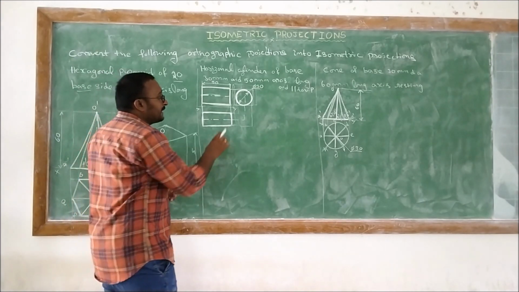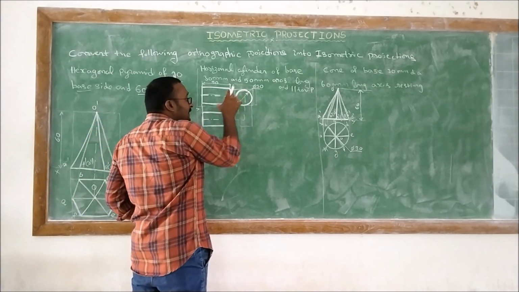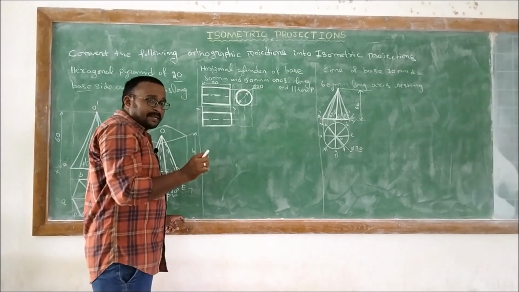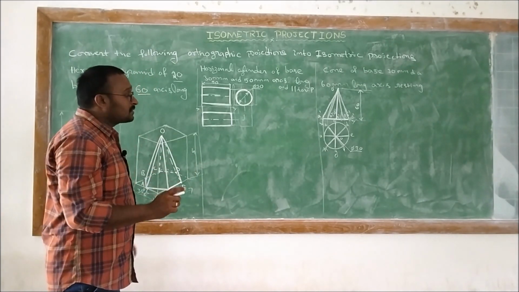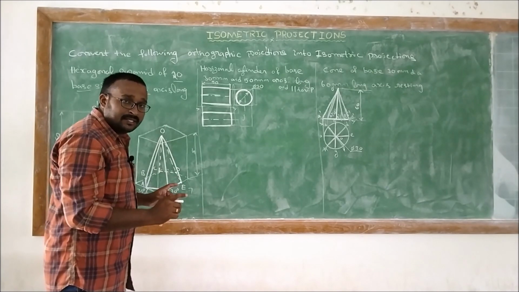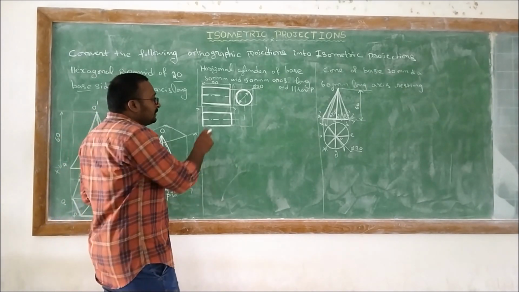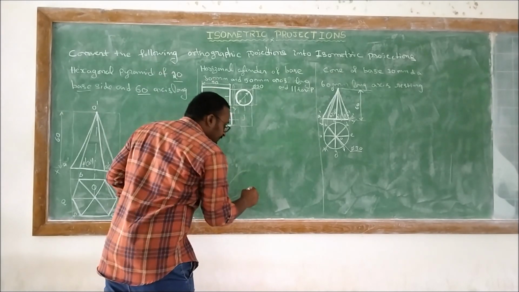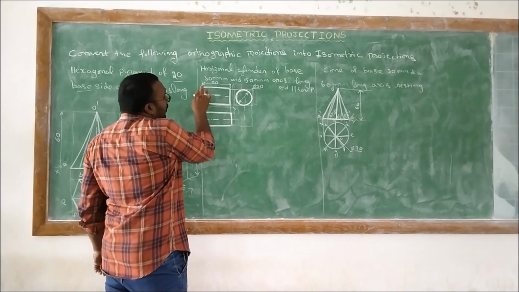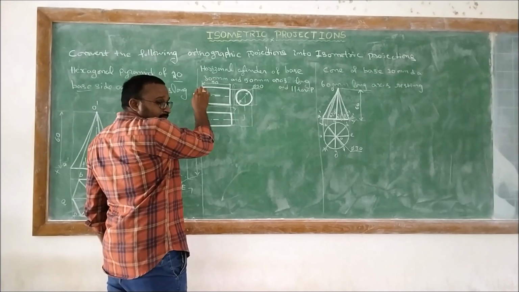Then you need to take the dimensions of the height and width. Based upon that height and width, you must draw the box, but the box must be horizontal. So here this is a horizontal line of length 50 mm, and a vertical line of length 30 mm.